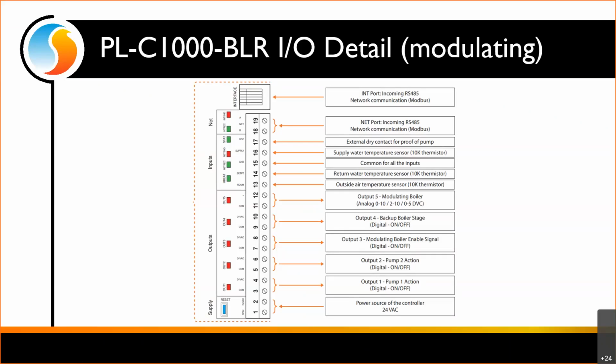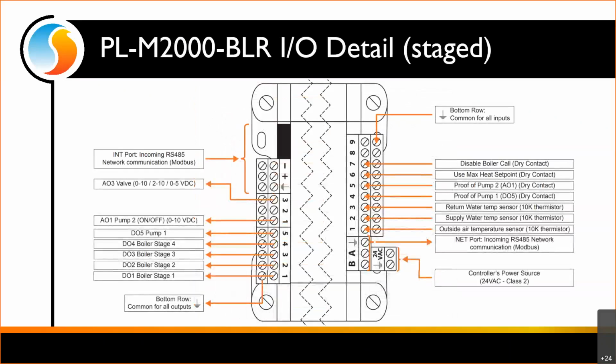So if we move to the M2000, there's a lot more going on. Just keep in mind that your inputs are going to be on the right side of the controller. Your outputs are on the left side. Okay, so we work up from the bottom, counting up as we go. So let's just start on the right side and look at all of our inputs.